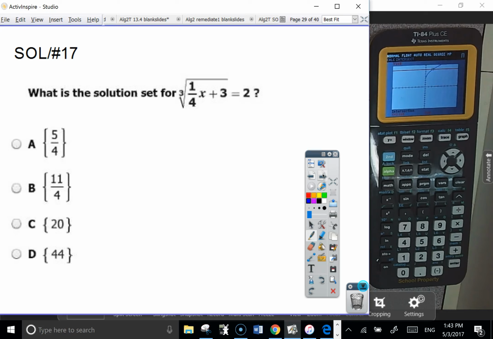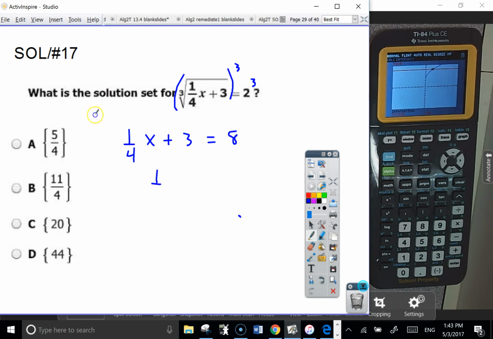So here's a cube root, number 17. It's already isolated. How do I undo it? How do you undo a cube root? Cube it. Right, so that gives us 1/4 x plus 3 equals 8.